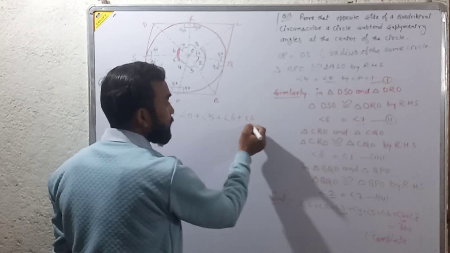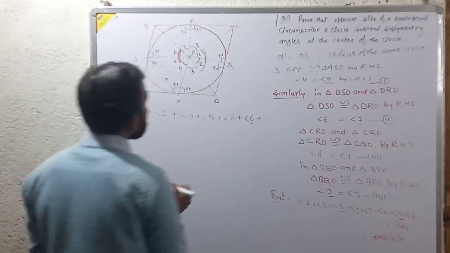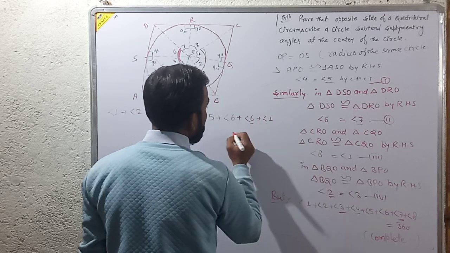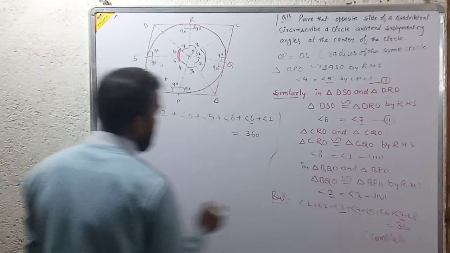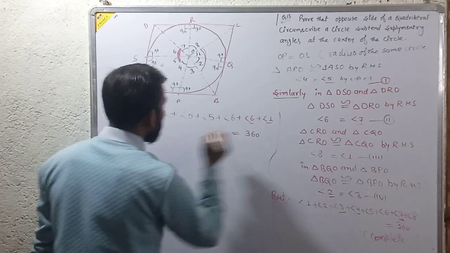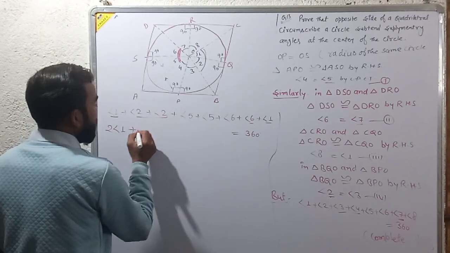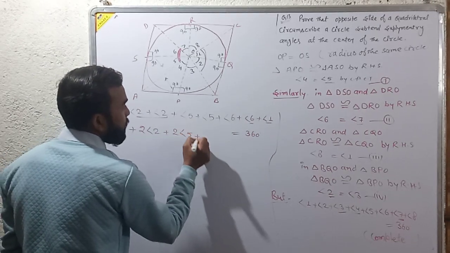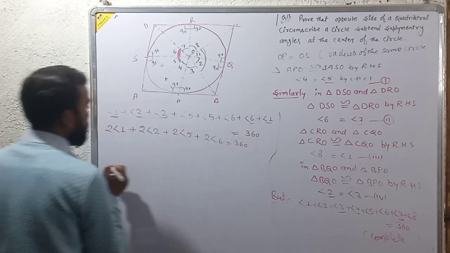Again angle 6 plus angle 8, where angle 8 is equal to angle 1, so we put angle 1 in place of 8, is equal to 360 degrees. Clear? We have 2 times angle 1 plus 2 times angle 2 plus 2 times angle 5 plus 2 times angle 6 is equal to 360 degrees.